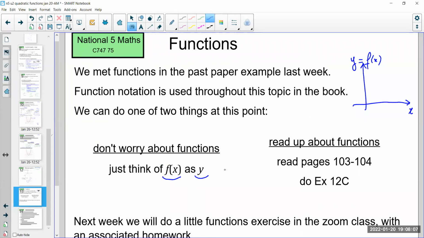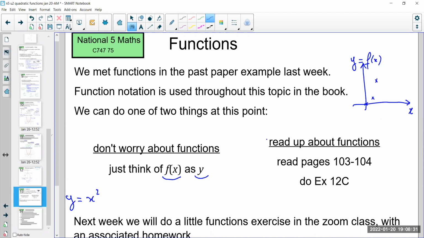So what they mean by that is if f of x equal x squared, it's the same as y equal x squared. For every x, you've got a value for y. So if x equals 0, y equals 0. If x equal 1, y equal 1. If x equal 2, y equal 4. So that's how you build your function. So that's what they mean by function.